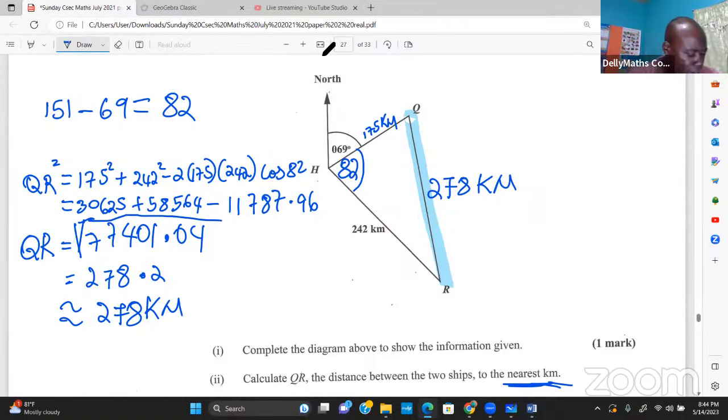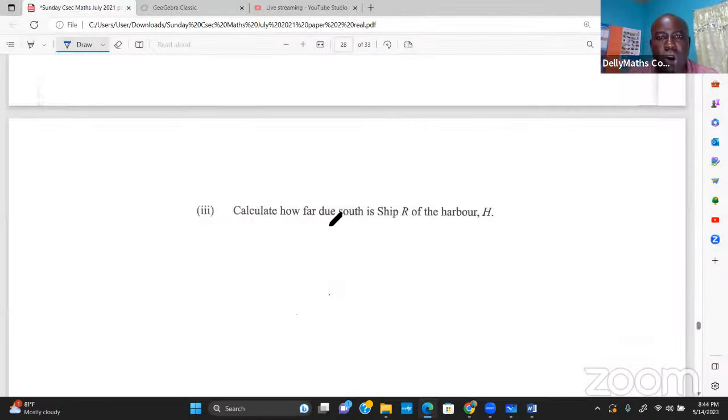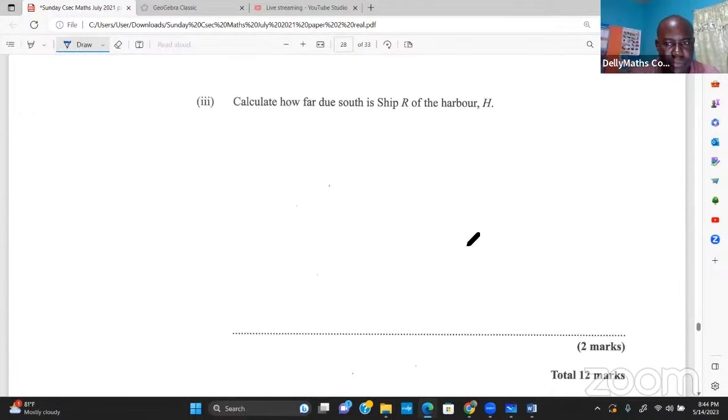All right, so we're walking along. Now the question says here, calculate how far due south is the ship R from the harbor H. Allow me to drop out the diagram here. So we had our north.